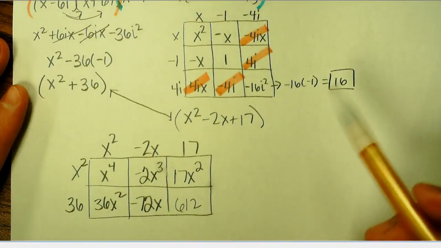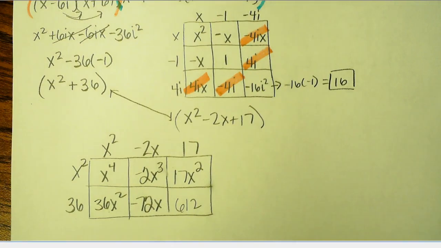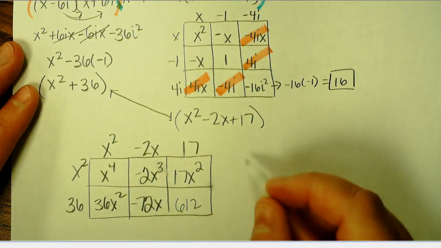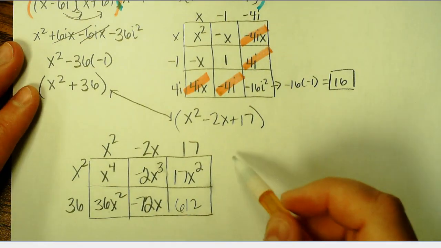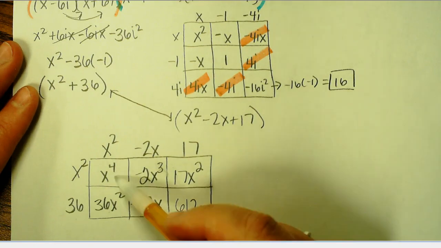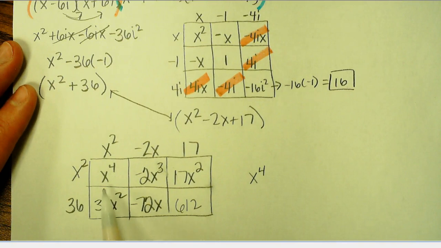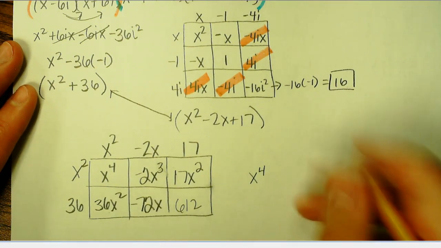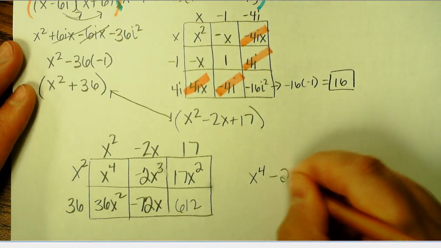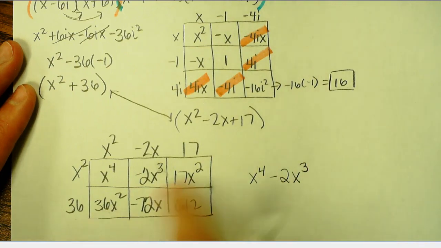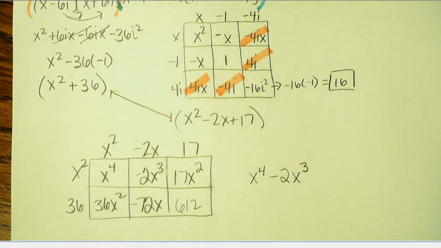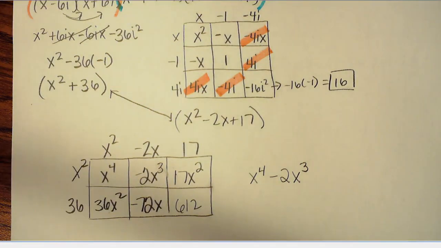Okay, now all I have to do here is go ahead and combine any like terms if I can. In this case, I've got just the x to the 4th. There's only one term with an x cubed, so minus 2x cubed. Now, these are both x squareds, so we're going to have to do 36 and 17 added together.